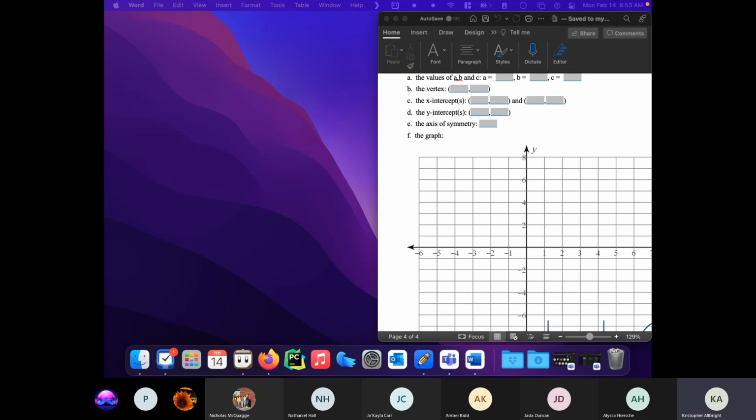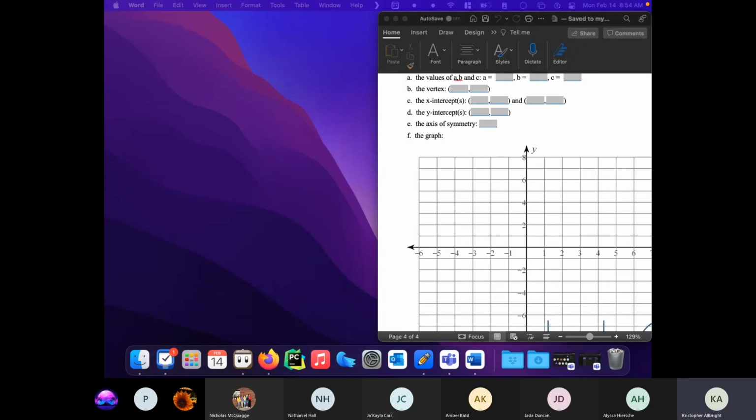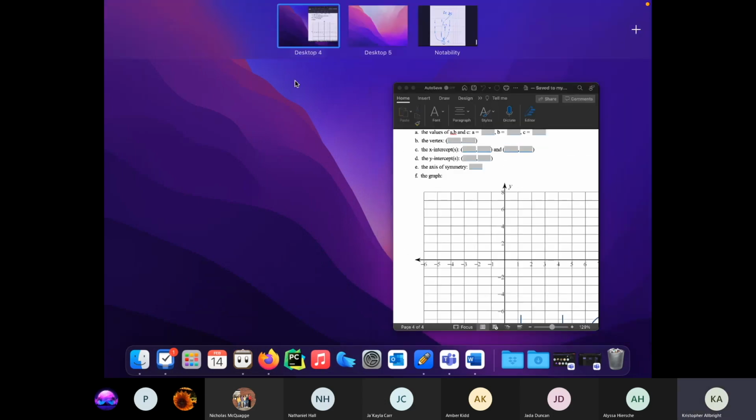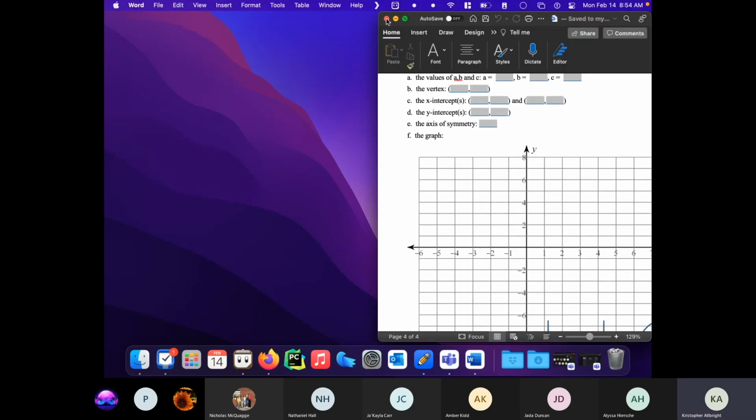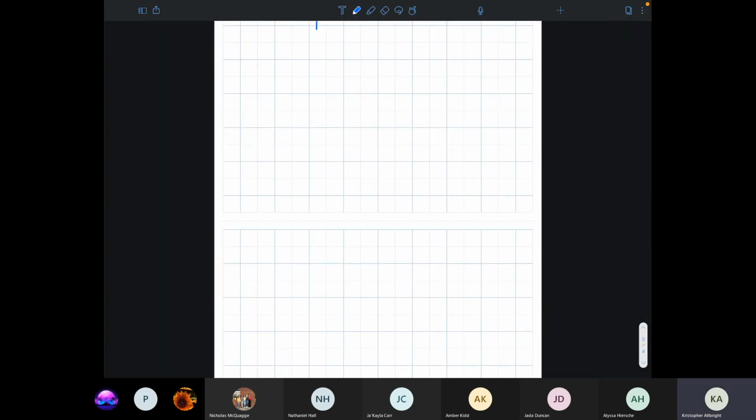Graphing quadratic equations in vertex form. Let me open up the task. Okay, there's the task. That's not what I need.